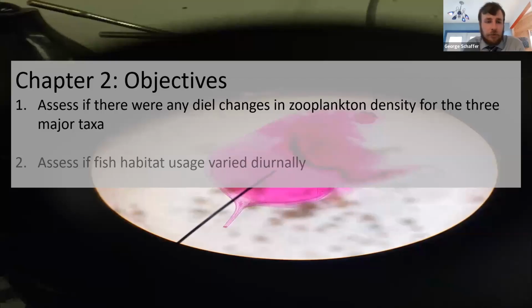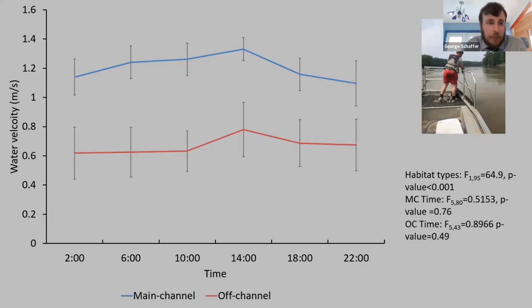So getting into our chapter 2 results for our first objective, to see if there are any diel changes of zooplankton density for the 3 major taxa, first I'm going to go into our environmental results. On the y-axis we see water velocity in meters per second, and time is on the x-axis.